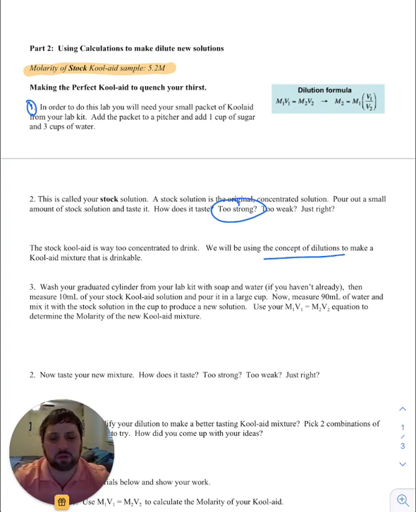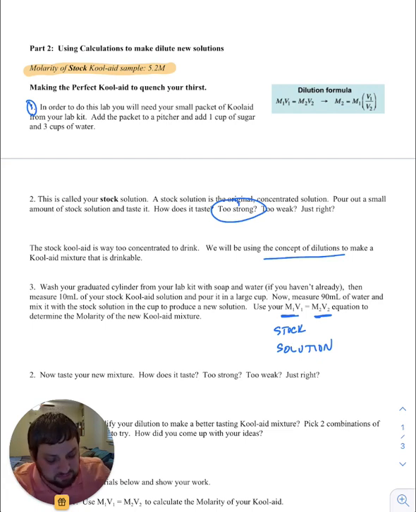So if we look at number 3, we are going to use our dilution equation. And what I want to point out is what's happening on both sides, okay? So when we look at the M1V1, this is oftentimes, and for sure in this case, the stock solution. This is what we're starting with. This is what we are going to dilute.